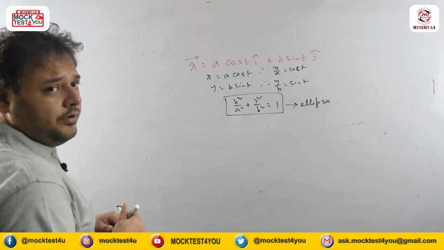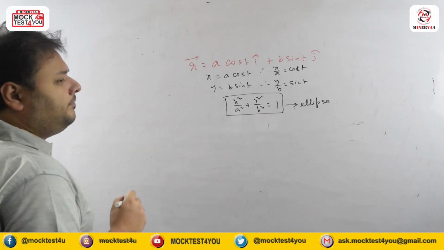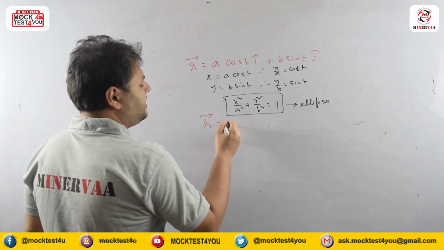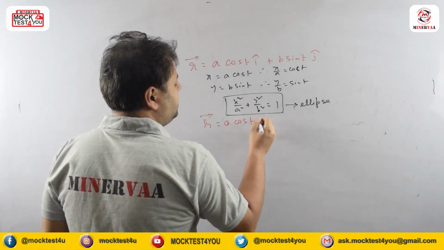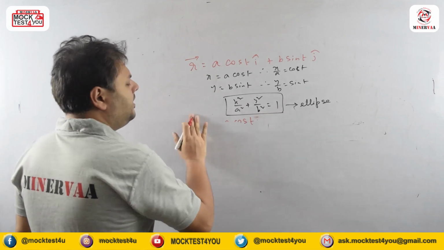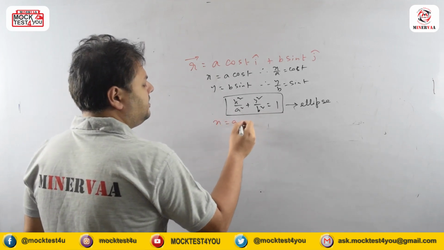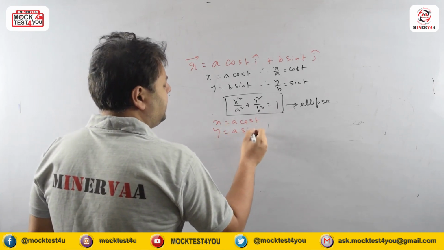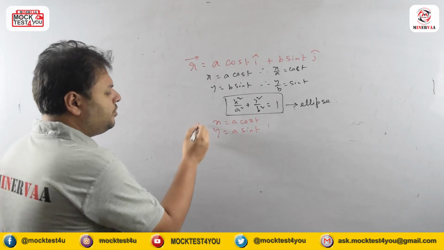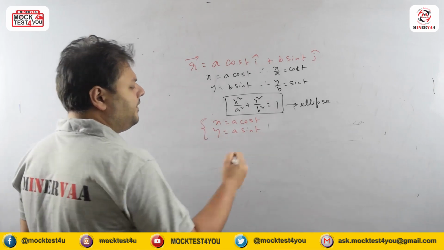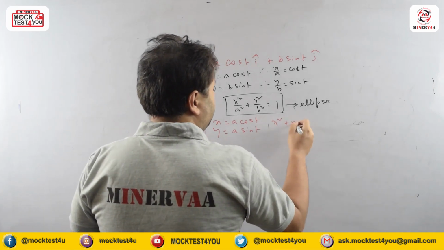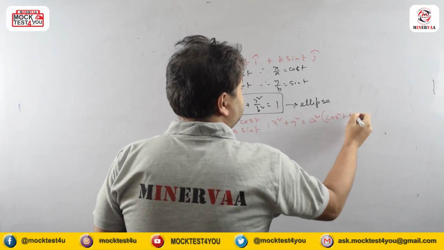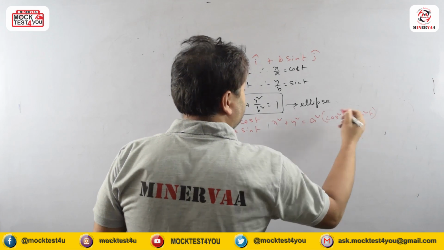Now again, when we are studying the cases of this kind of particles, suppose the coordinates are given, x equals a cos t and y equals a sin t. So what will be the locus of the particle? If I directly square and add them, x square plus y square will be a square, and cos square t plus sin square t will be 1.